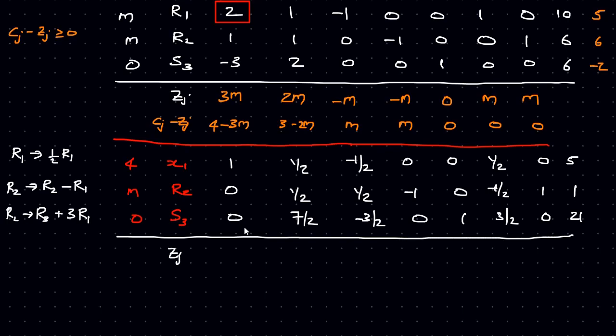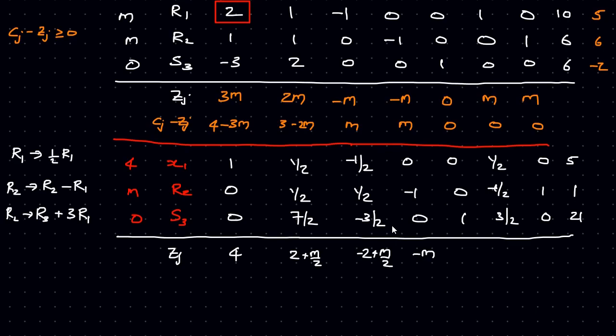Okay, so here zj, in this case this will be 4, here it will be 2 plus m by 2, and here it will be minus 2 plus m by 2, and this will be minus m, and it will be a 0 over here.